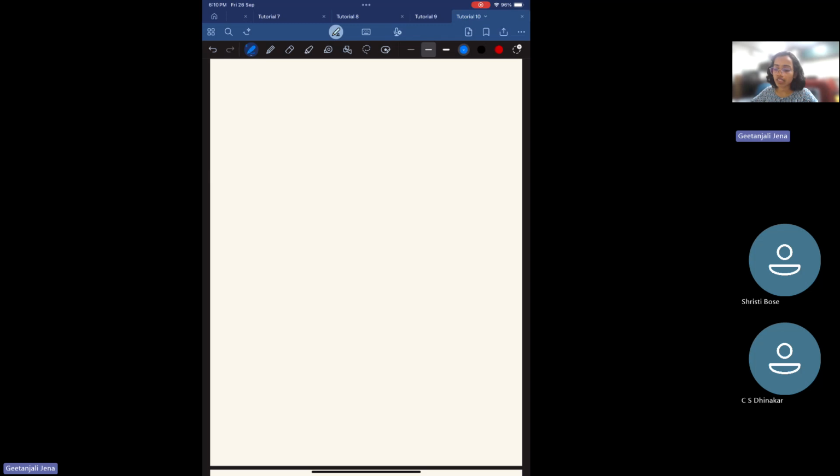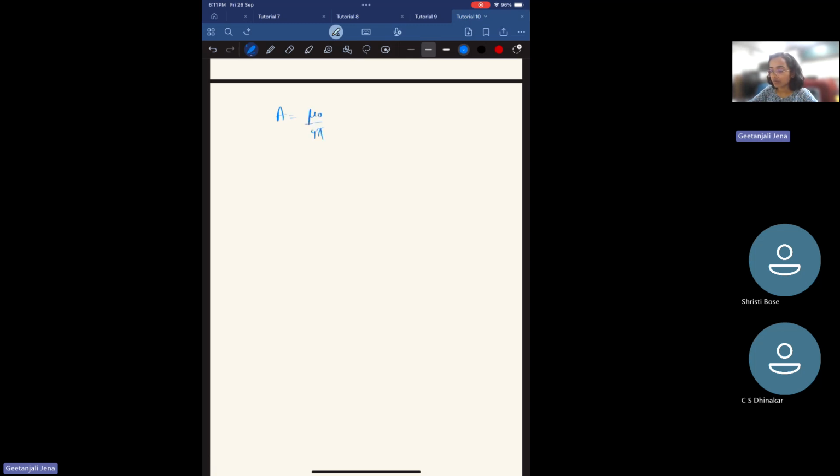For that case, we have expanded 1 by r in terms of a Taylor series, and we have seen the multipole expansion of the vector potential. For the magnetic dipole, you can write the vector potential as mu naught by 4 pi, m cross r divided by r cubed. This is for the magnetic dipole.